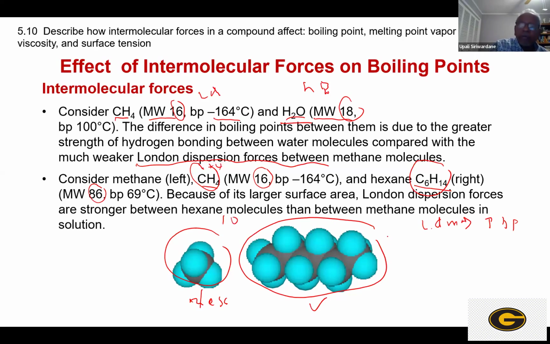This one has 6 times 6, 36, plus 14, 50 electrons. Therefore, the larger the number of electrons or the larger the molecular weight, the more London dispersion.